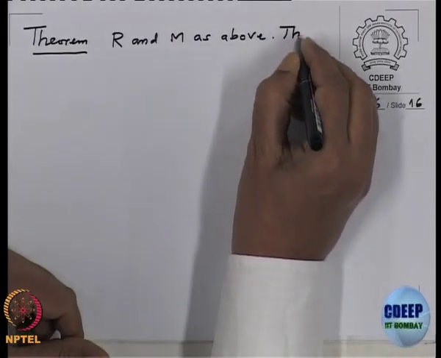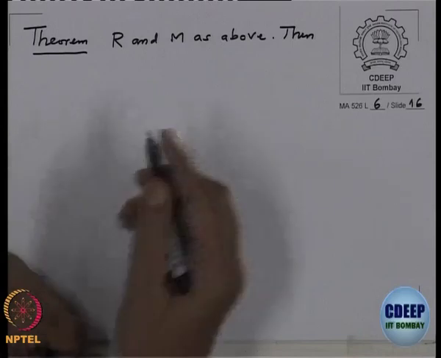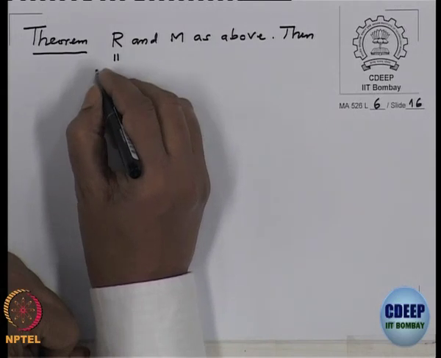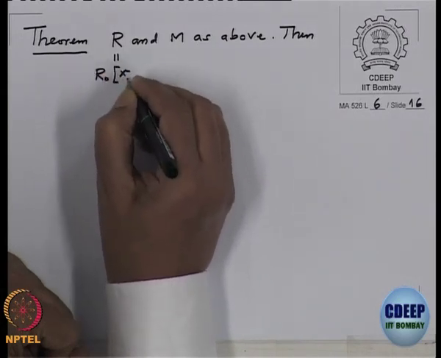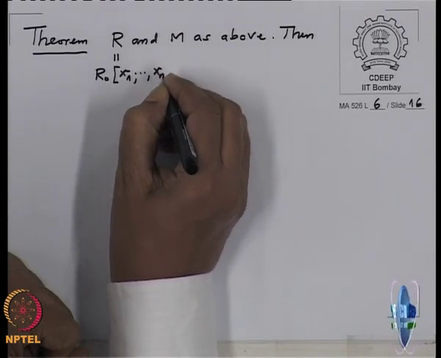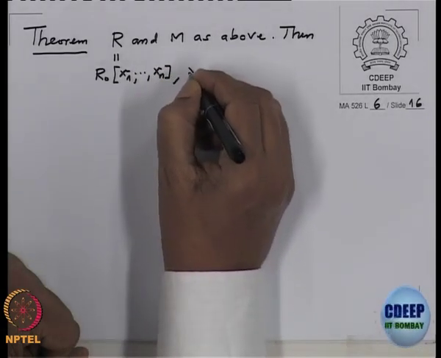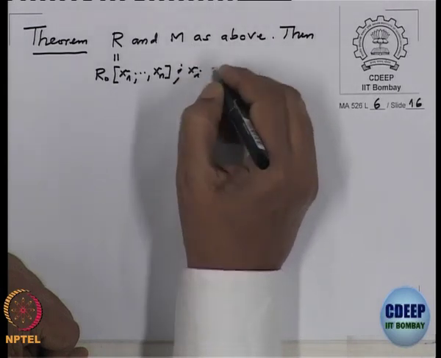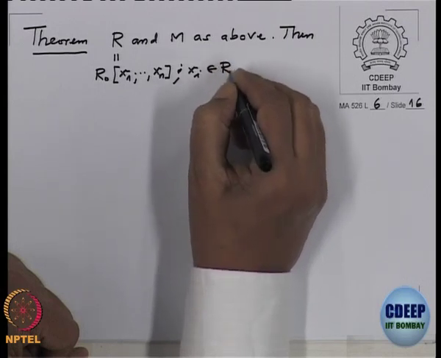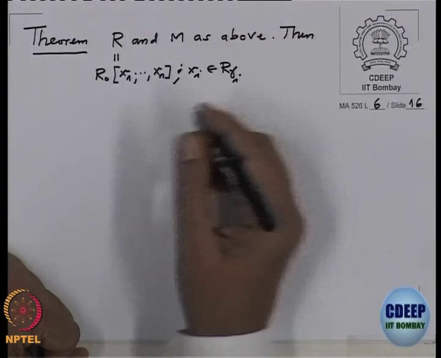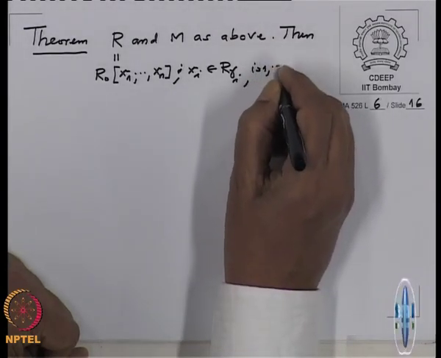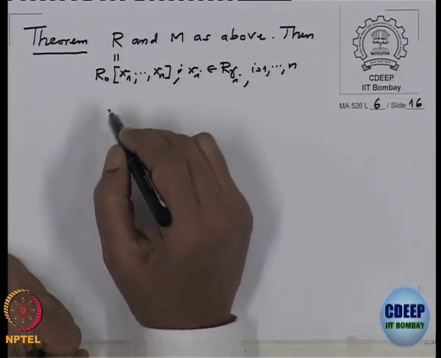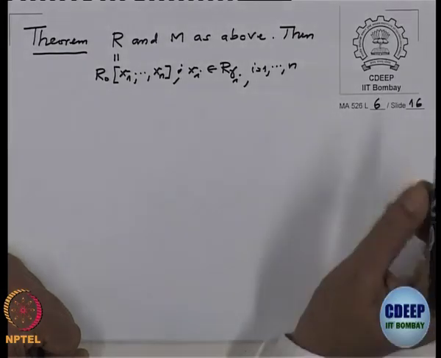Then, let me just, to remember, write R as R_0 generated by x_1 to x_n, and x_i belongs to R_gamma_i, i from 1 to n. That means R as an R_0 algebra is generated by x_1 to x_n, which are homogeneous elements of degree gamma_1, gamma_2, gamma_n.